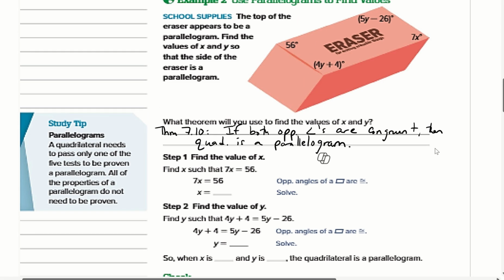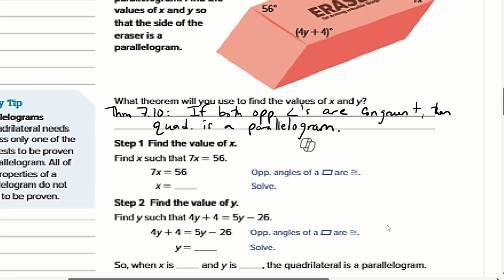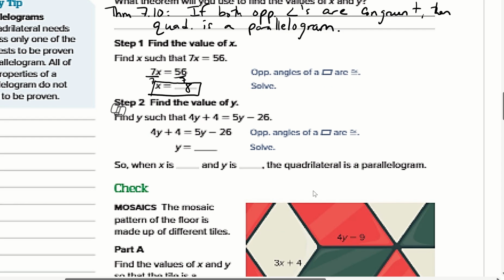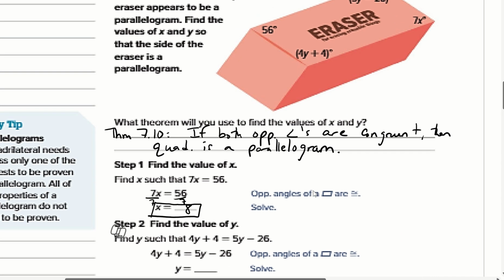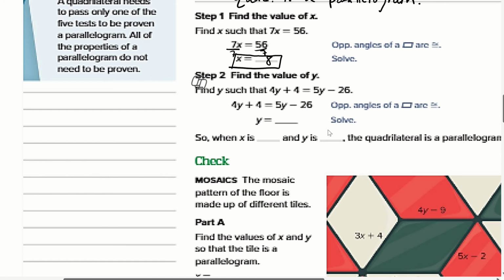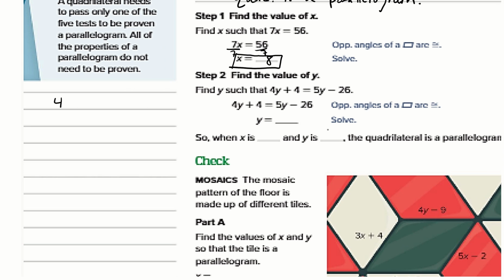Okay, so then if we're going to set these equal, then 7x is equal to 56, right? And so we're going to divide by 7 on both sides. So we get x is equal to 8. And then for the second one, we're going to set these two equal to each other, if they're supposed to be equal, because they're opposite sides. So let's solve that over here on the left side.